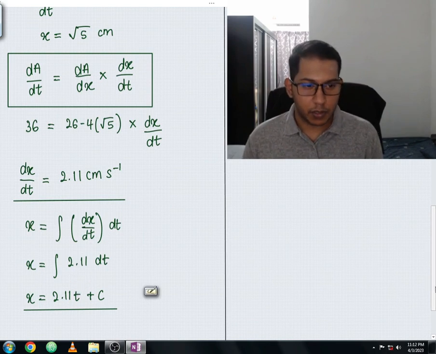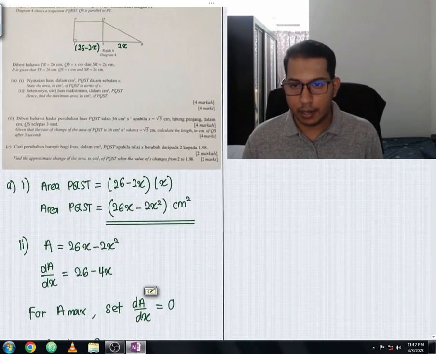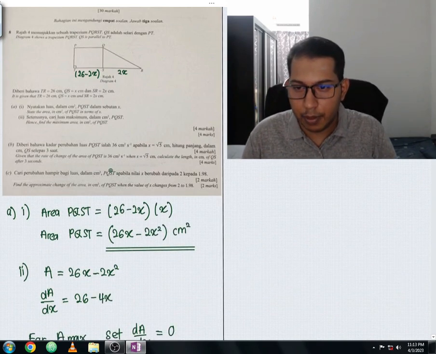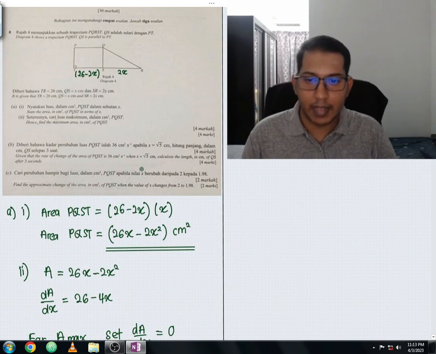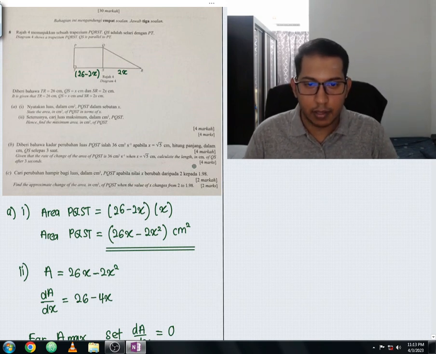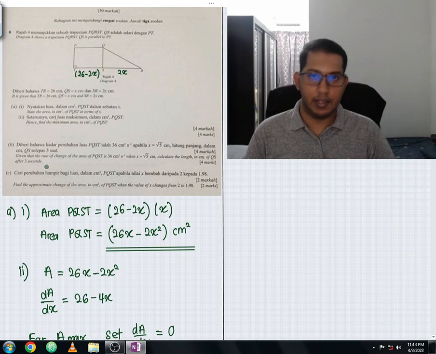For the value t, read the question carefully. The question mentioned that the rate of change of the area PQST is 36 centimeters square per second when x equals root 5, and then they ask us to calculate the length of QS after 3 seconds.